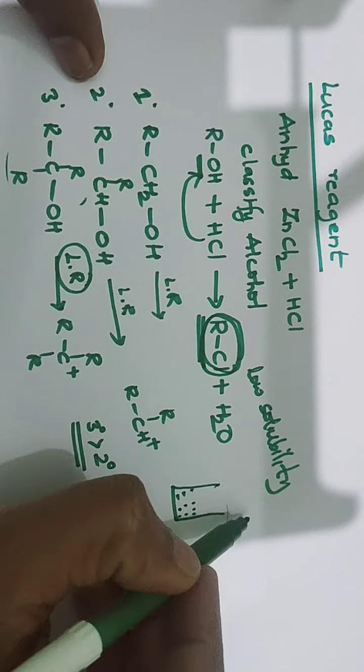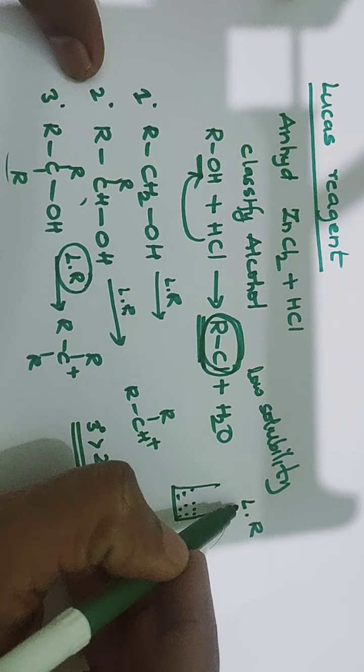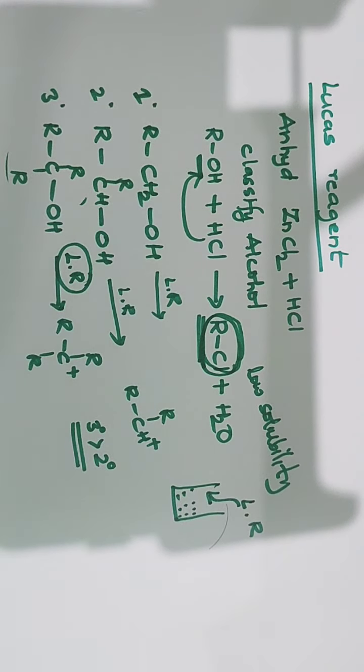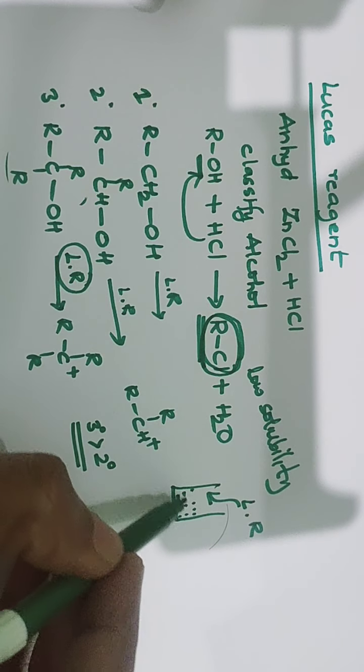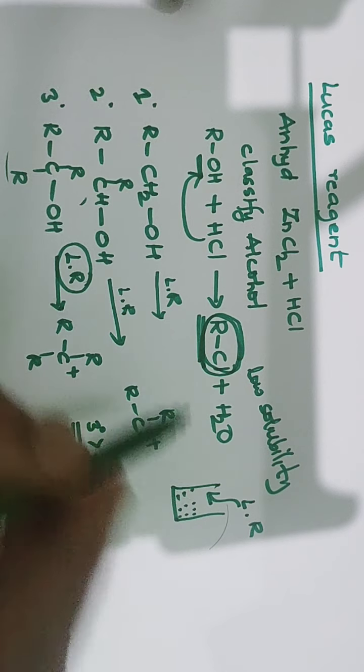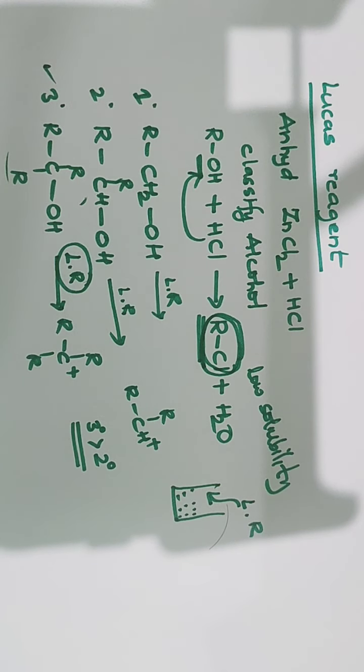What should I do? I should add Lucas reagent to this, that is zinc chloride plus concentrated HCl. On adding Lucas reagent, if a turbidity or an oily layer appears immediately, that means it is a tertiary alcohol. If the oily layer appears after 3 to 5 minutes, then it is a secondary alcohol. If the oily layer doesn't appear, but after heating an oily layer develops, then it is a primary alcohol.